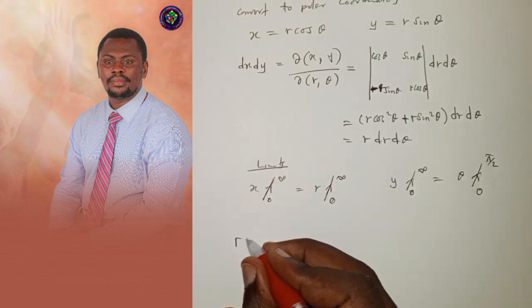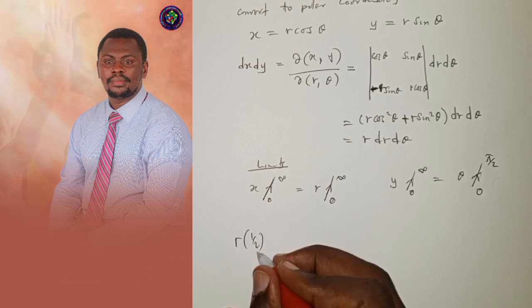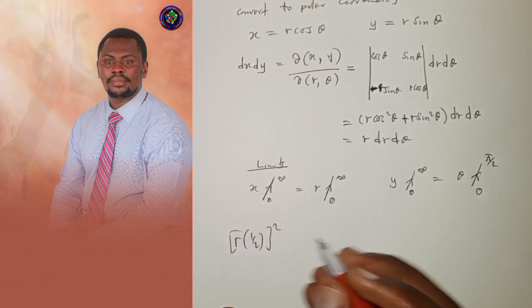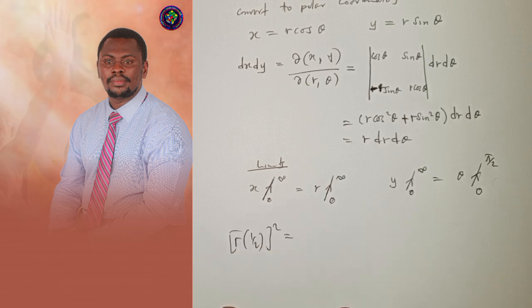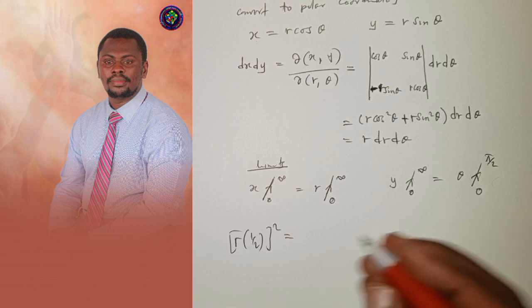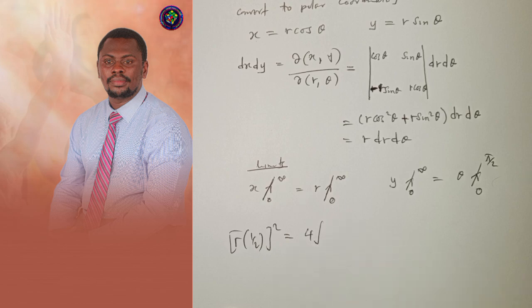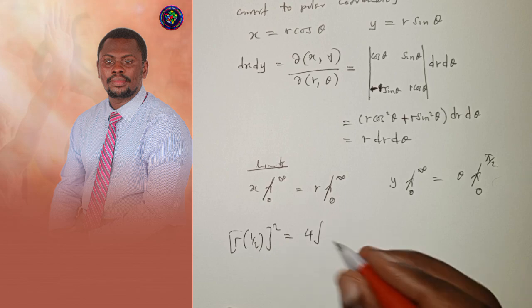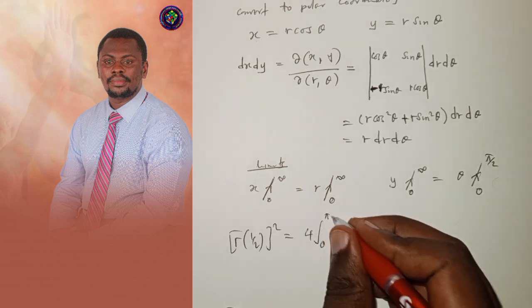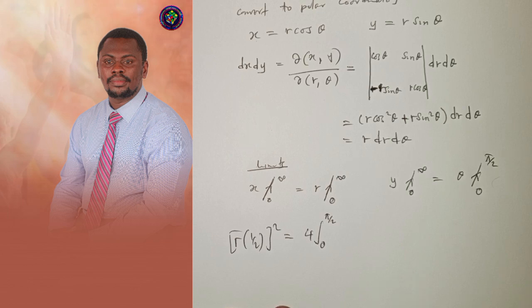Okay, so we say gamma of 1 over 2 squared is equal to, we are going to have 4 in integral, that is from 0 to pi over 2. Okay, that is for theta.